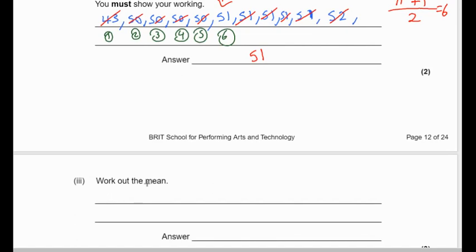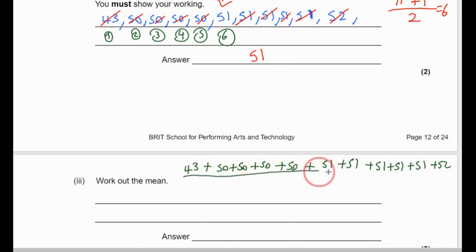So that was 43 plus 50 plus 50 plus 50 plus 50 plus 51 plus 51 plus 51 plus 51 plus 51 plus 52. And we're dividing all of that by 11.